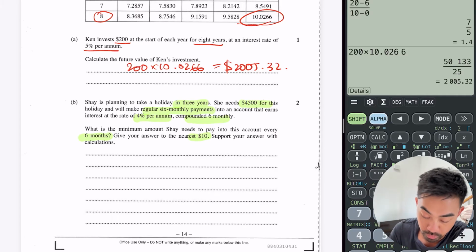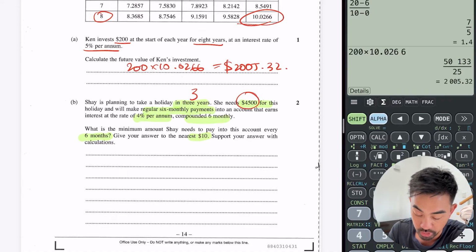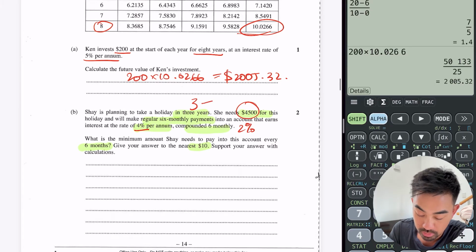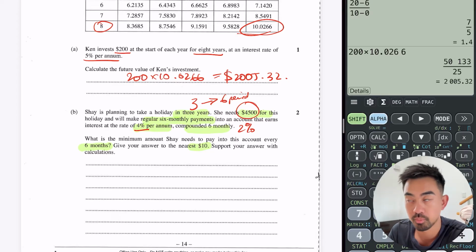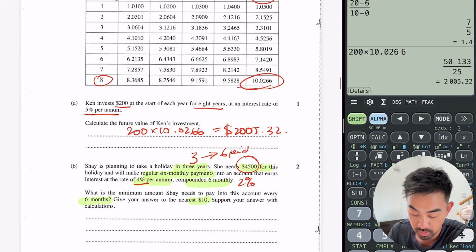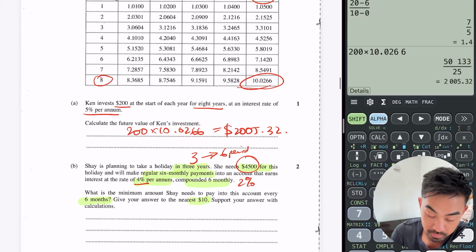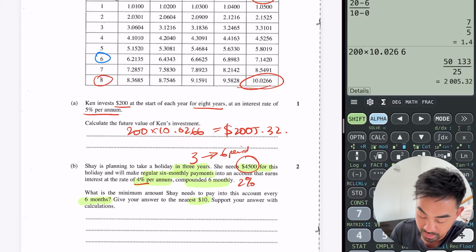Okay, so 3 years is what she wants. That's $4,500 that she needs. 4% per annum, so that's 2% is the rate. And every 6 months means 6 periods, right? Because there's two 6 month periods in a year. So I need 6 periods at 2%, which is this.